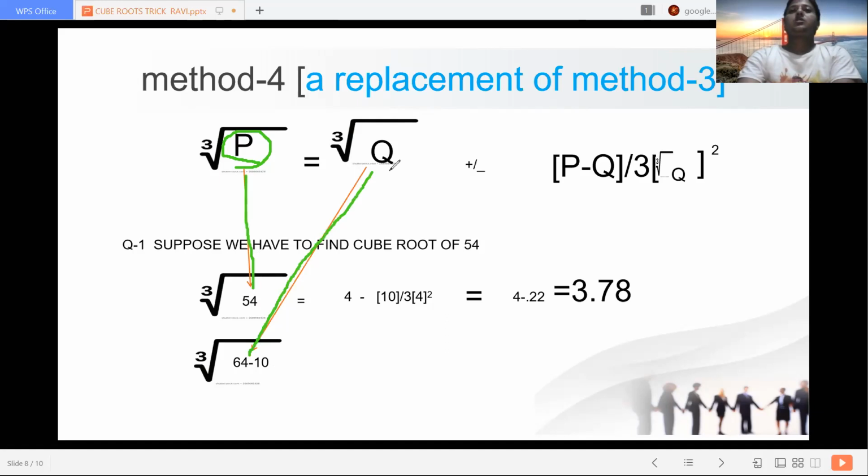By using the trick, the cube root of 64 is 4, minus (P minus Q), 64 minus 54, which is 10, divided by 3 times the square of the cube root of Q, which is 4 squared. So 4 minus 10 divided by 16 into 3, 48. 10 divided by 48 is 0.22.